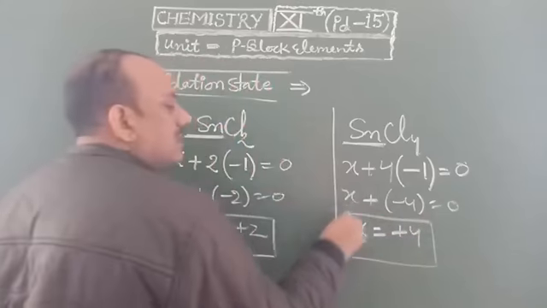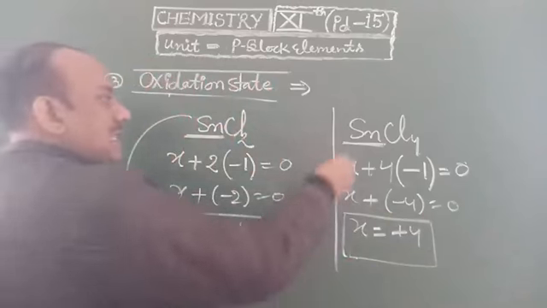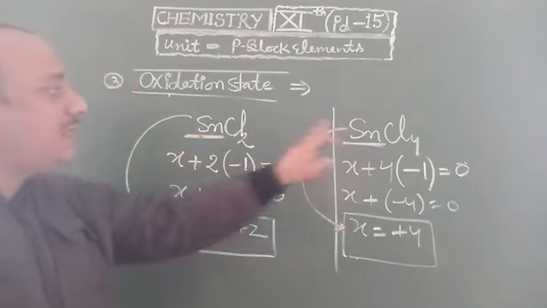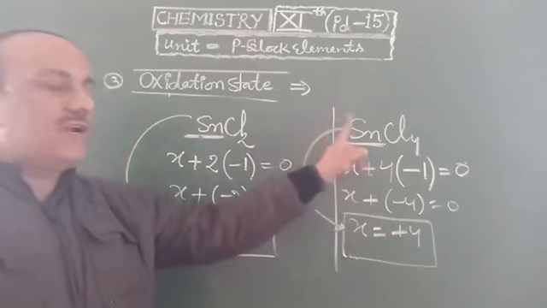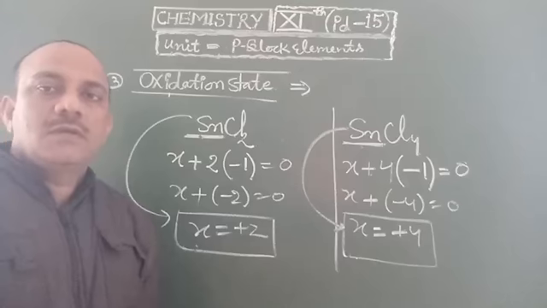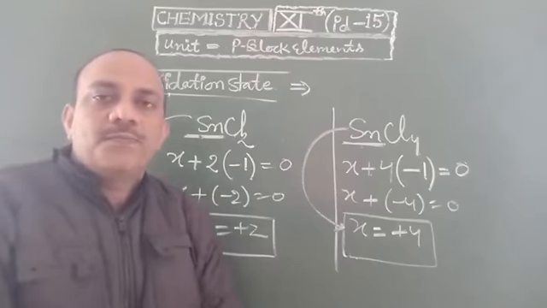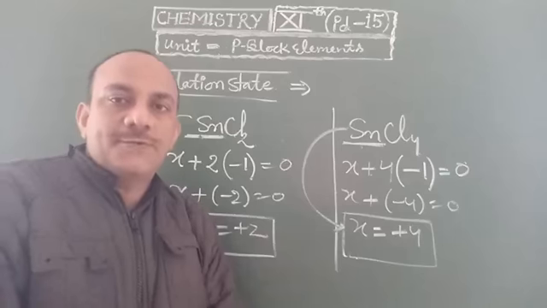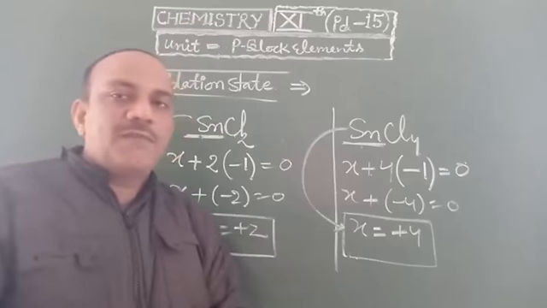This is the oxidation state of tin in SnCl4. So we say that the element tin shows different oxidation states in different compounds. In another class we will discuss other hints like atomic radius, electronature and chemical behavior with the help of chemical reactions.